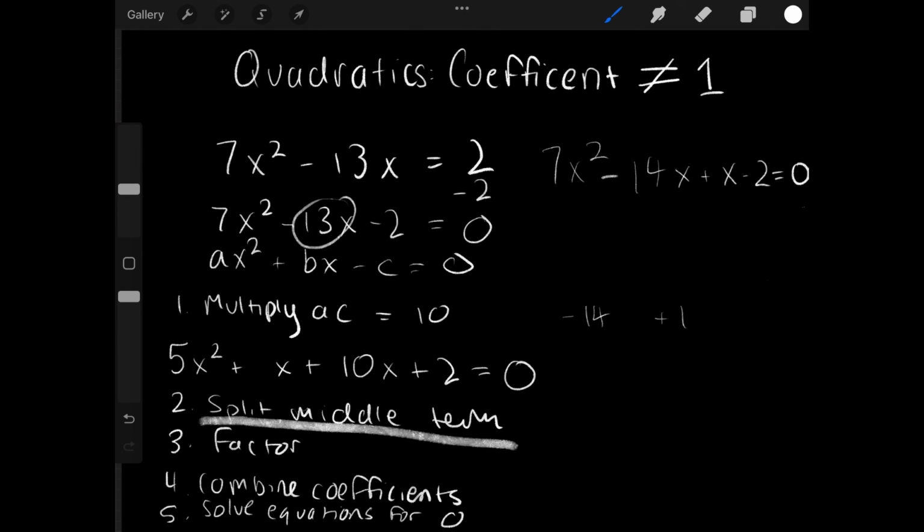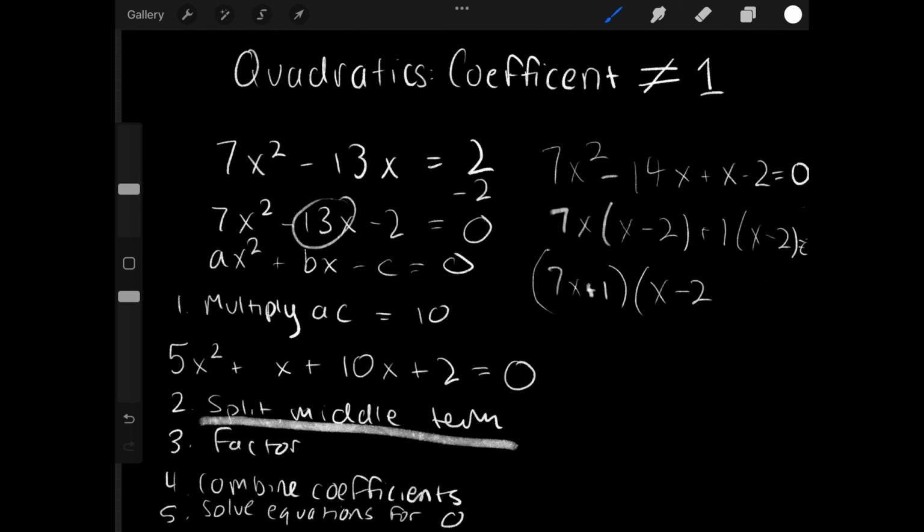So 7x times x minus 2 plus 1 times x minus 2 is equal to 0. So now we can combine the coefficients. So we've already factored, we've done step 3. Now we want to combine the coefficients. So 7x plus 1 times x minus 2 is equal to 0.